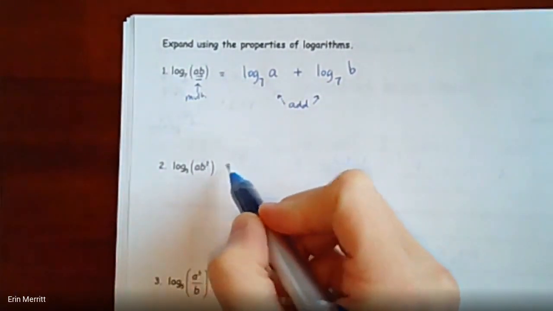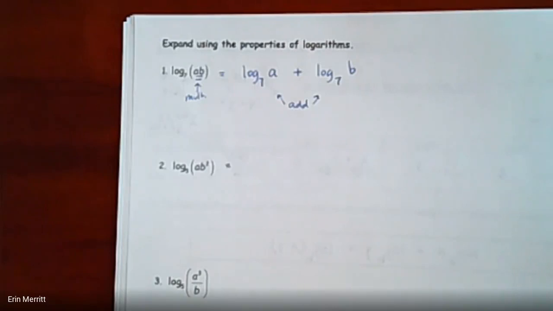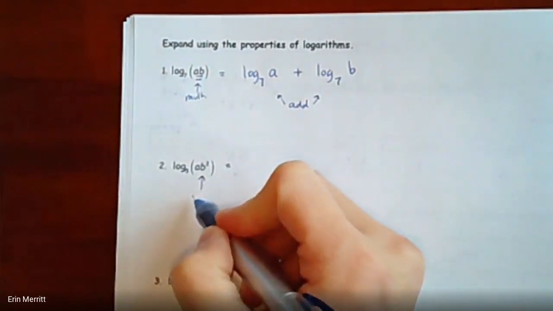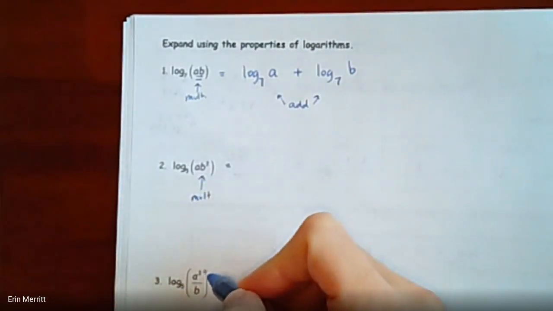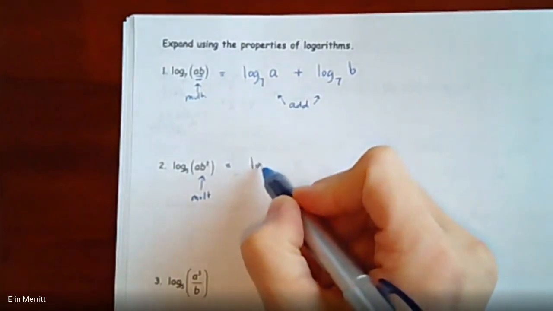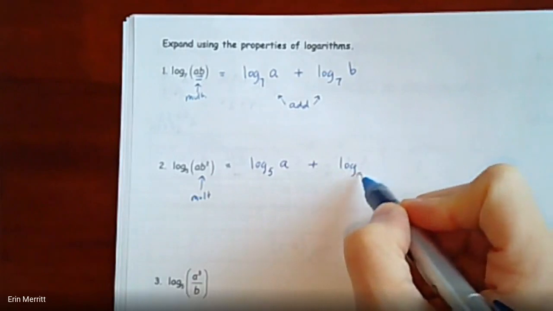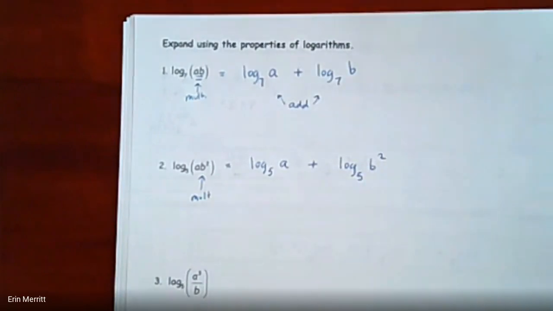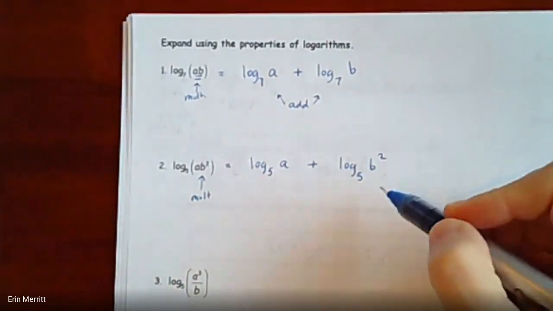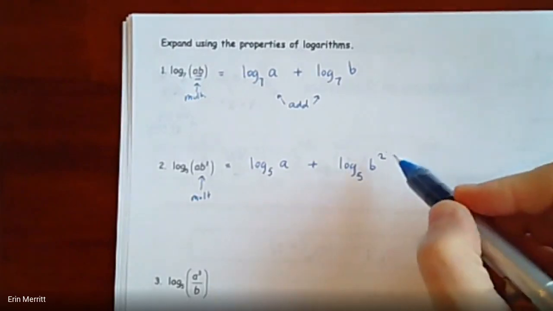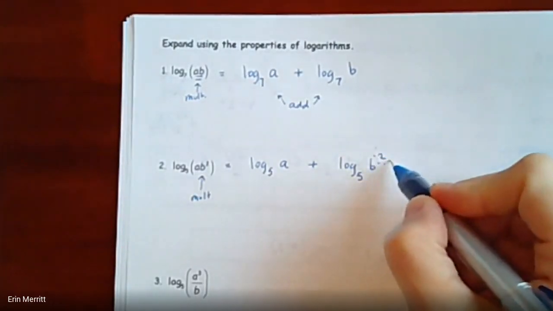For one like this, just for these first few, do it in 2 steps. What I mean by that, I see this as a multiplication problem again. So I'm going to start by splitting it into addition. So it'd be log base 5 of A plus log base 5 of B squared. Now I've got a second thing that I can take into account. I've got the exponent up here.